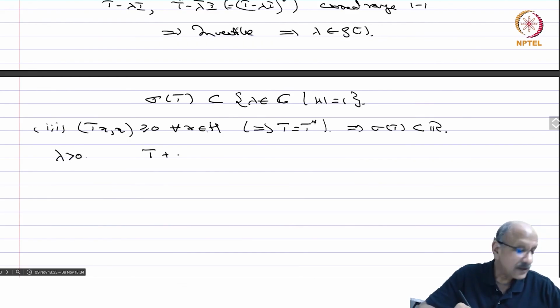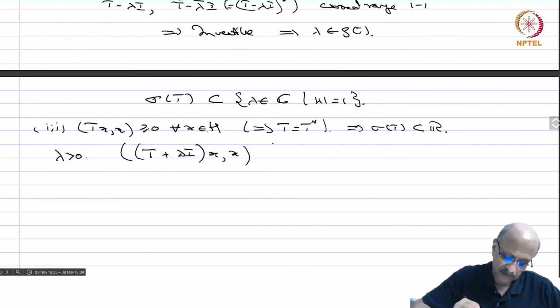Then (T plus lambda I)x, x, where lambda is a positive real number, is greater or equal to lambda times norm x square.